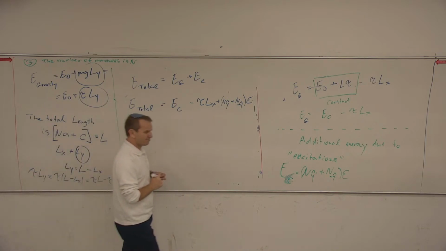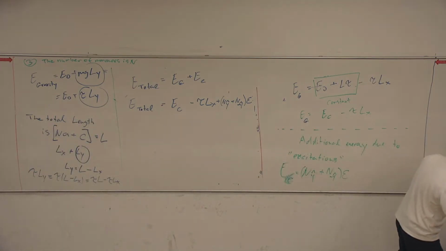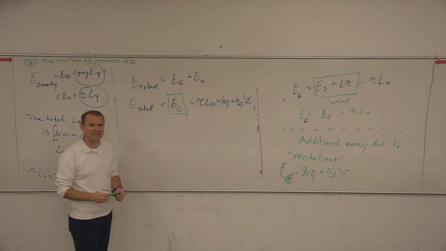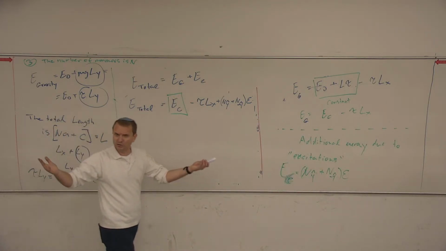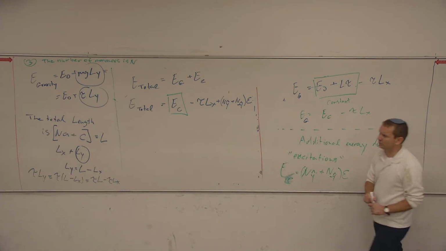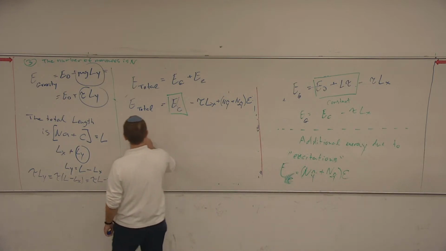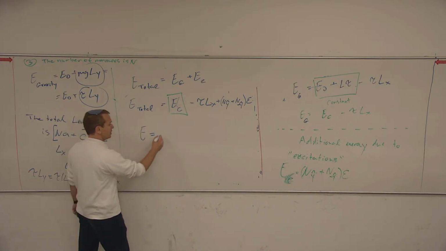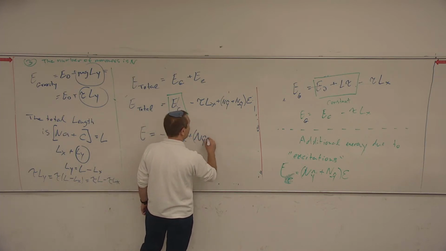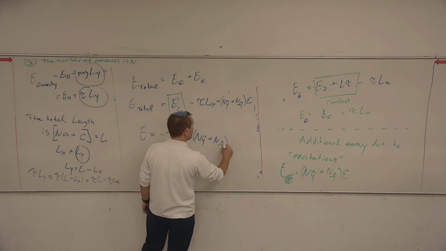Now, I don't care about constant parts. This guy is constant. Energy is always defined up to some constant, so let's throw it away. It's not important. So my energy eventually is minus tau Lx plus N_Y plus N_minus-Y multiplied by epsilon.